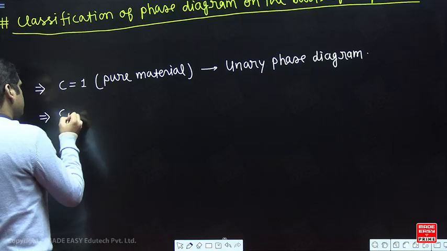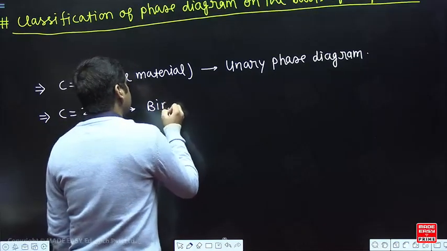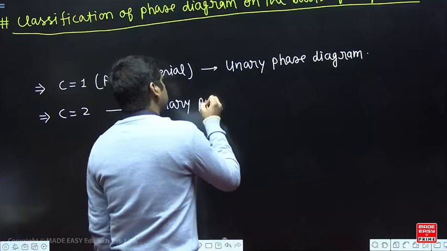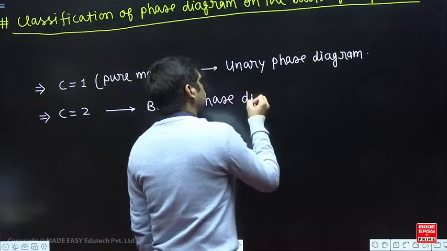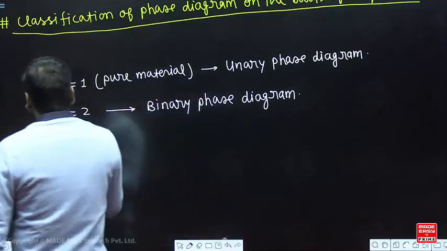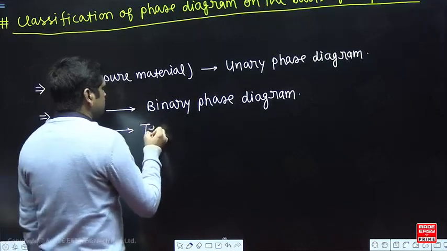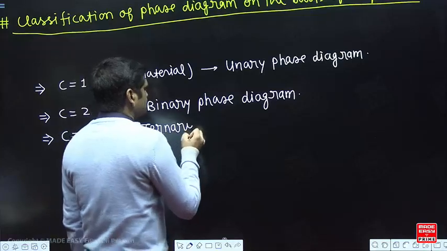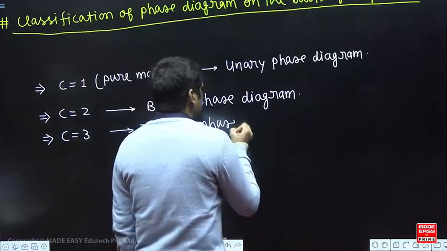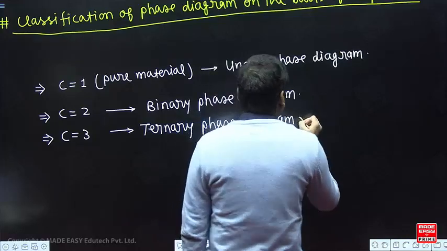C is equal to 2, then it is binary phase diagram. C is equal to 3, ternary phase diagram. Likewise आप बढ़ते चले जाएंगे, quaternary etc.